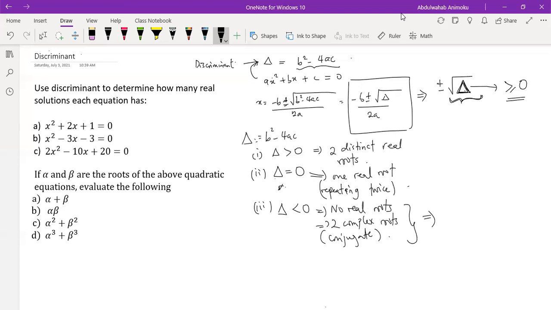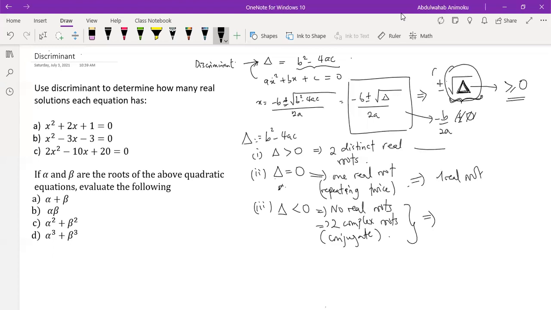Now when the discriminant is 0, this whole expression becomes 0. Therefore, all you have here is just minus b over 2a, plus or minus 0. So this part goes away and you have minus b over 2a, which is just one number, which is why you have just one real root here.